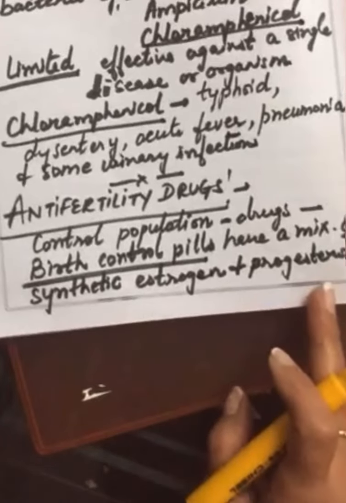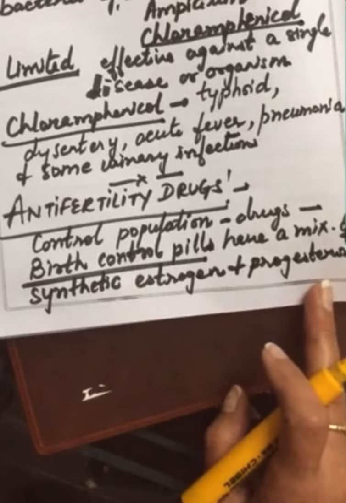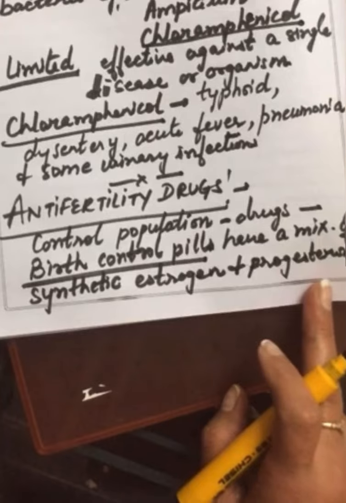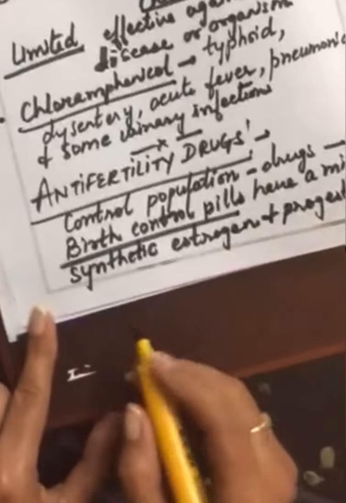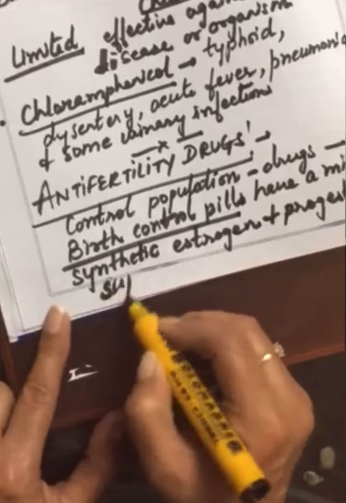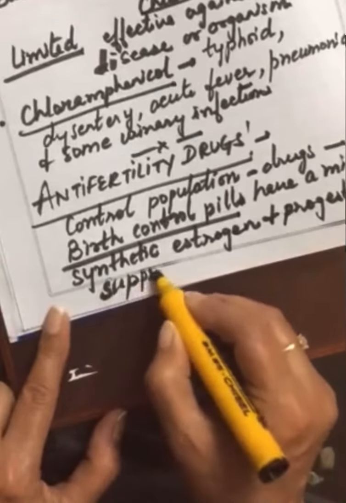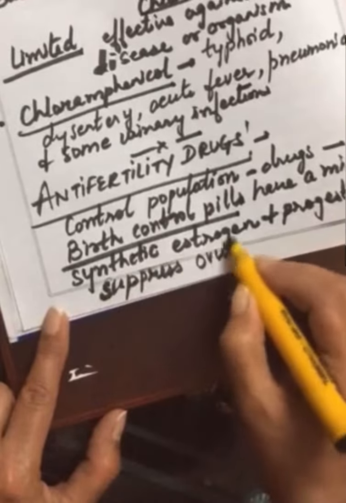Estrogen and progesterone are the female sex hormones, and these medicines suppress ovulation.